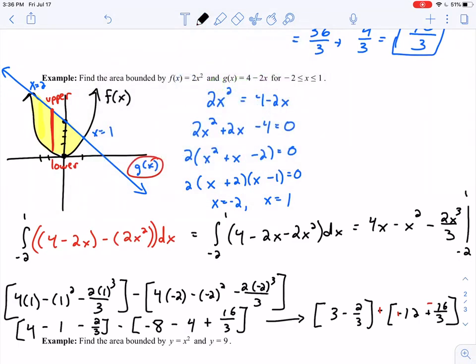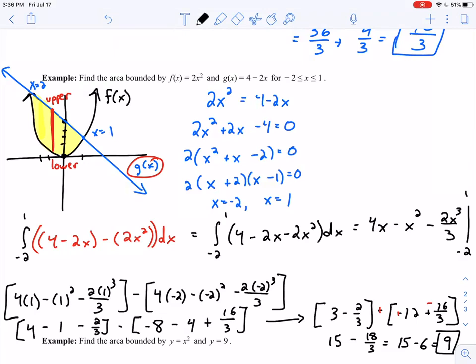So let's see, 3 plus 12, I've got 15, and -2/3 minus 16/3, I've got minus 18 over 3. So I have 15 minus 6, which gives me 9. So the area bound between those two functions is 9.